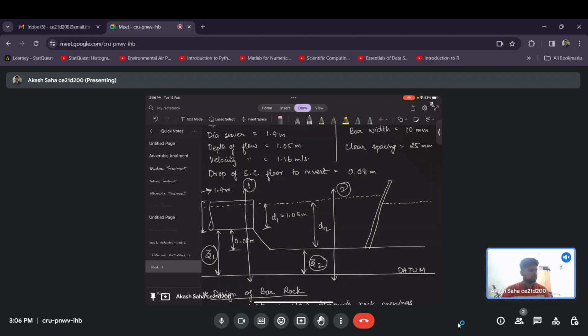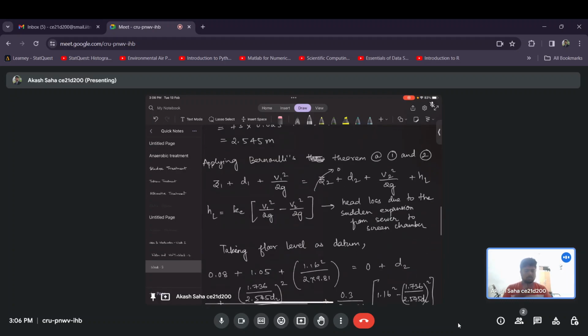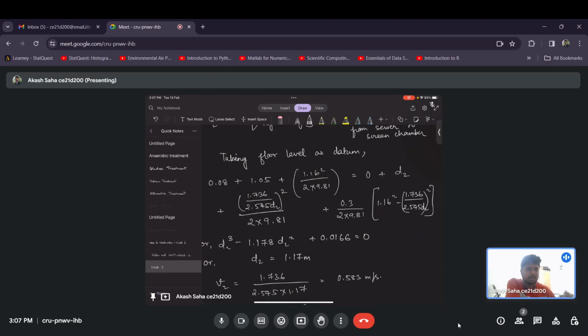We will apply Bernoulli's theorem: Z1 plus D1 plus V1 square by 2g is equal to Z2 plus D2 plus V2 square by 2g plus the head loss. Head loss is due to the sudden expansion, so it will be k times the difference in the velocity head in the two sections. We'll fit the values and find the depth of flow in the approach channel.